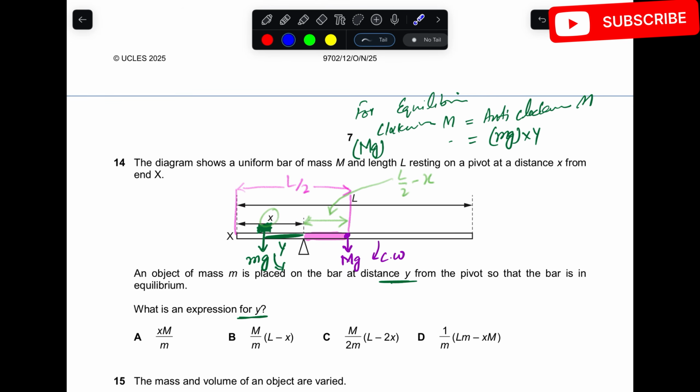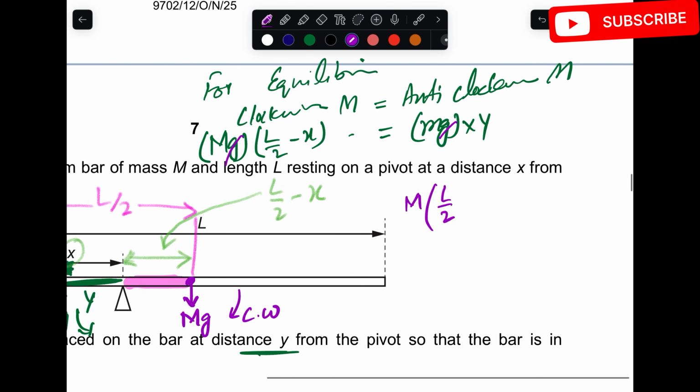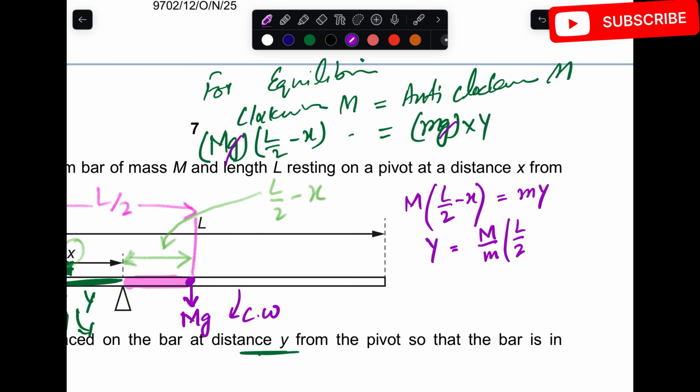Okay, so on both sides, this g will be cancelled out. So this equation will become M into (L by 2 minus x) is equal to m into y. I have to find y. So y is equal to capital M over small m, into (L by 2 minus x).